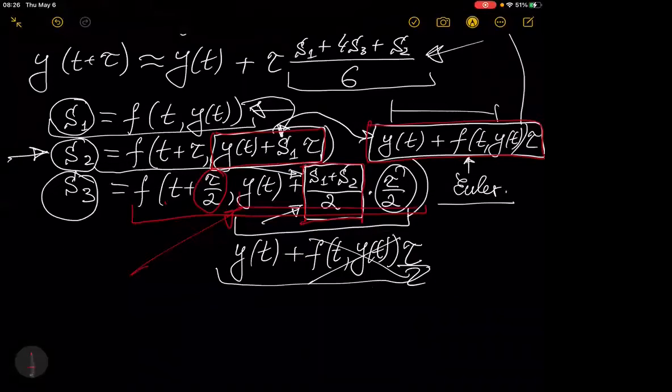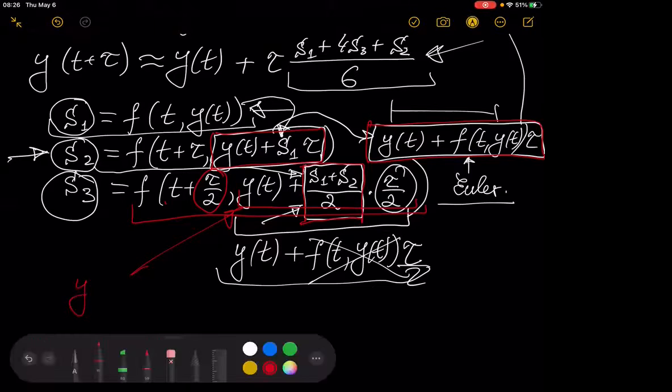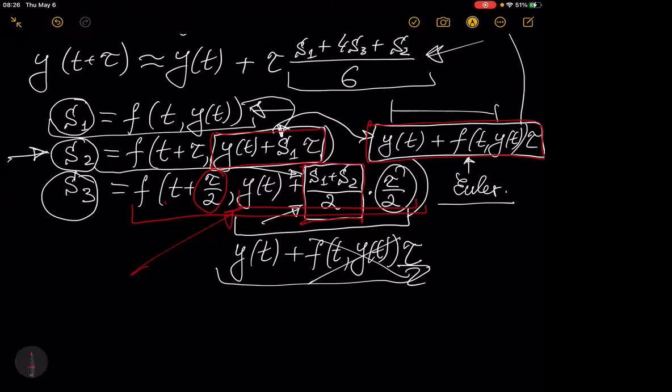This part is nothing else but f of t plus tau divided by 2, y at t plus tau divided by 2, right?